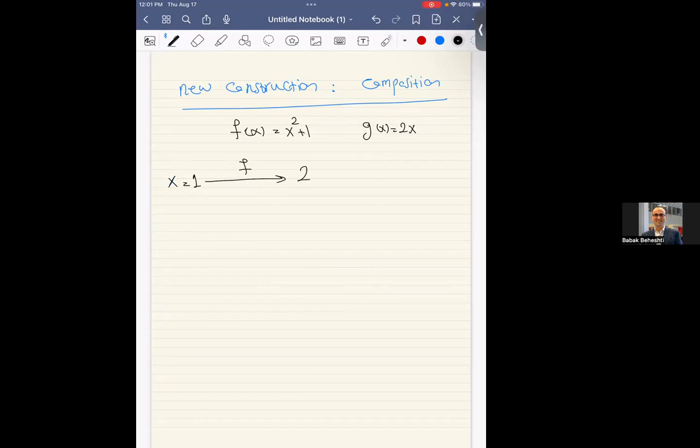How about g? Immediately after the action of f, g acts. So g takes 2 to 4. So that means here we have g o f of 1 equals 4.